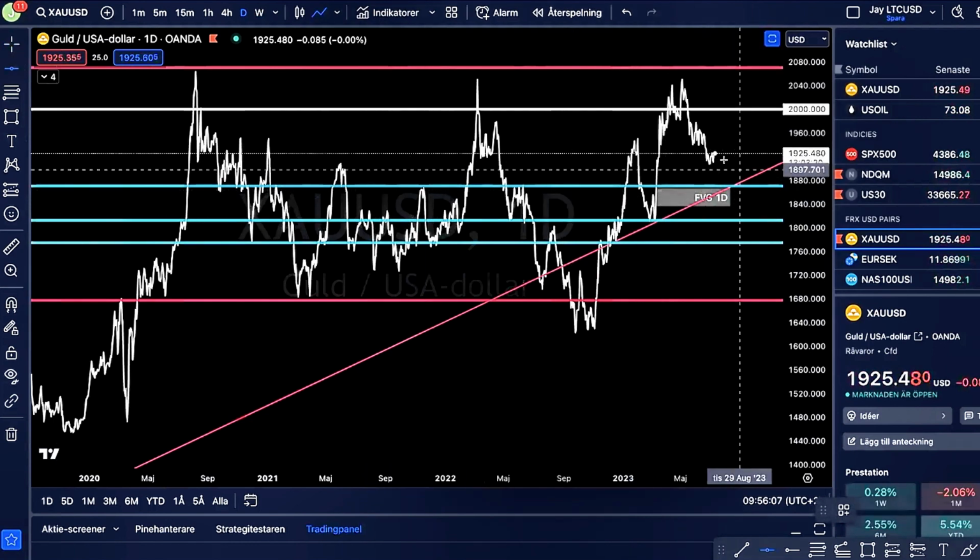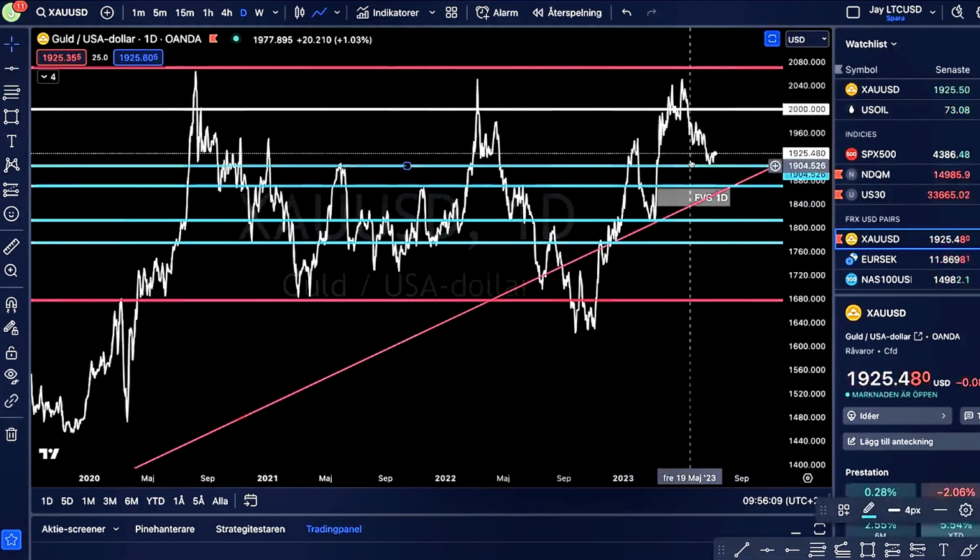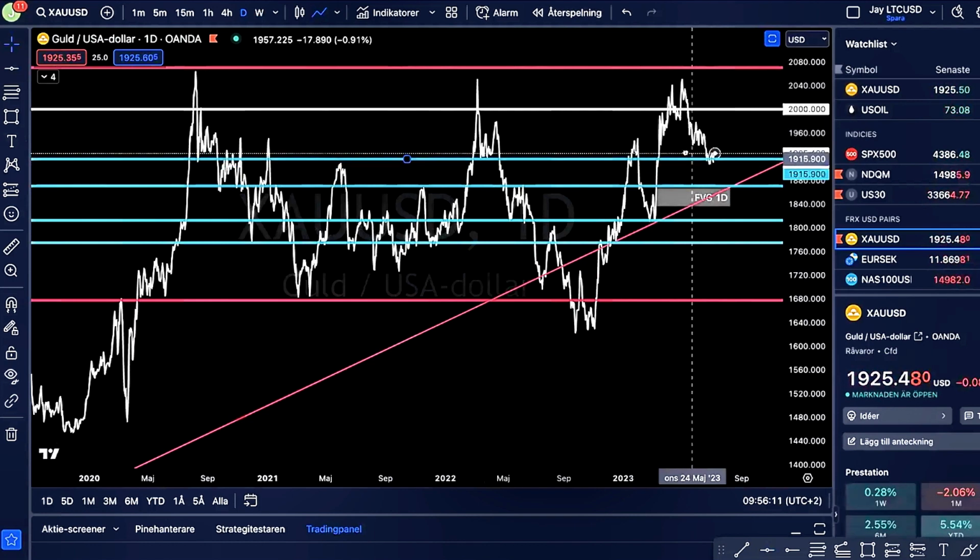So we're getting closer and closer now to the area where the price is right now. That's 61.8 on the Fibonacci.